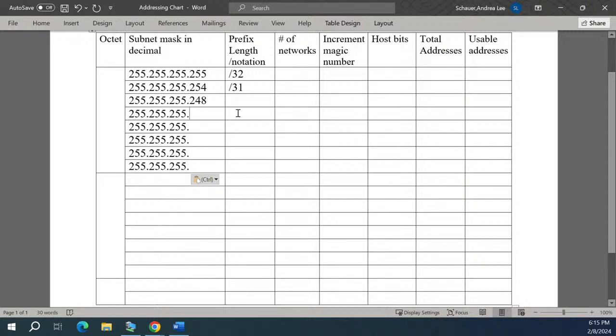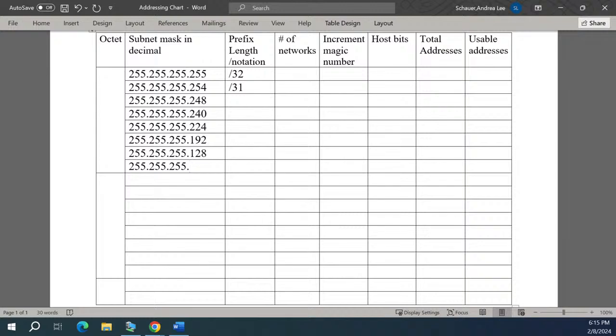So from the 248, what's next? 240. What's next? 224. What's next? 192. What's next? 128. Oh, did I screw this up? What's after 128?